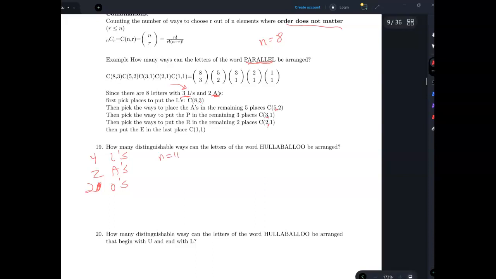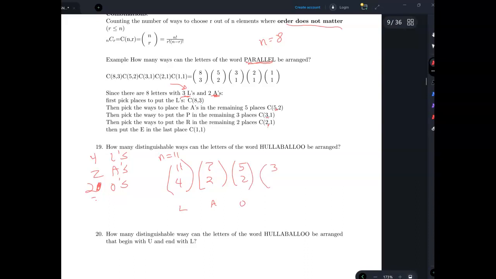To pick the L's first, out of the 11 letters I'm going to pick the 4 L's. Now, 11 subtract 4 gives us 7. Then I'm going to move on to the A's, and I'm going to choose 2. That leaves me 5 left to pick from. Then I'm going to choose the 2 O's, and 5 minus 2 gives me 3.